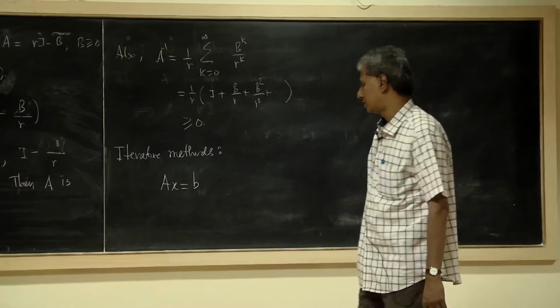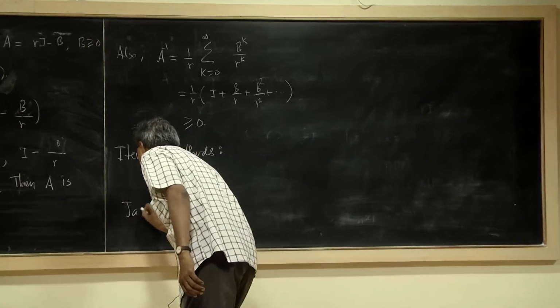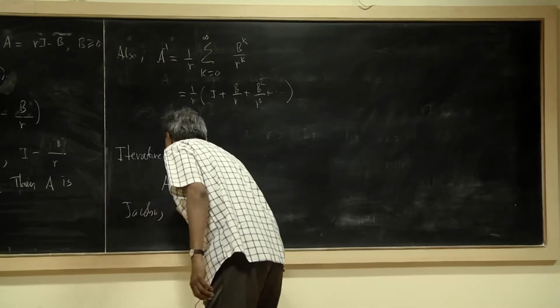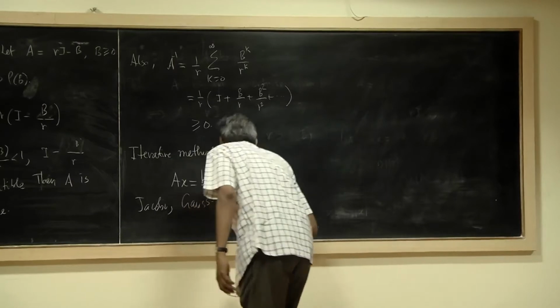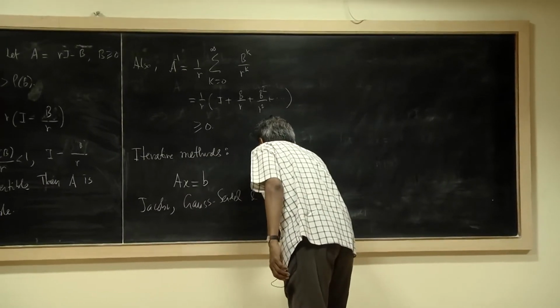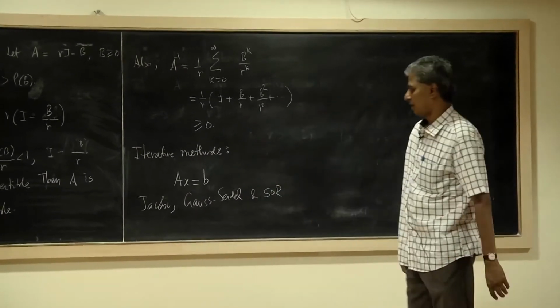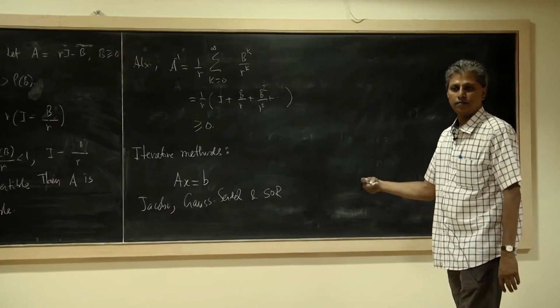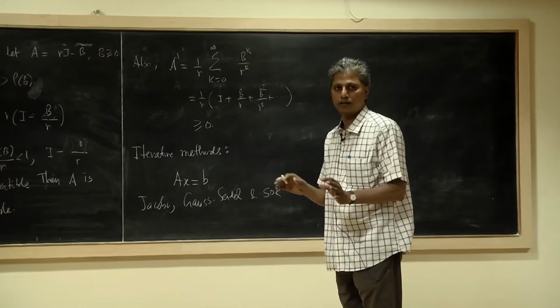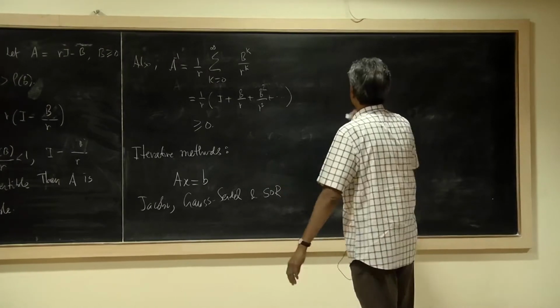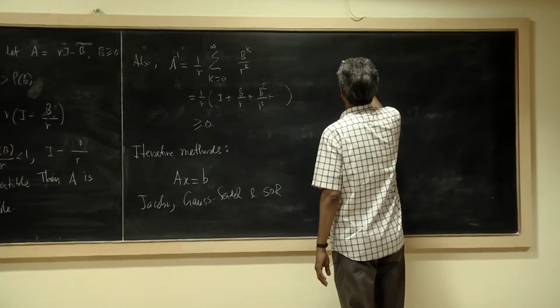As I told you, there is the Jacobi method, the Gauss-Seidel method, and the successive over-relaxation method. All of these methods can be brought under one umbrella called splitting. So let's discuss that first.